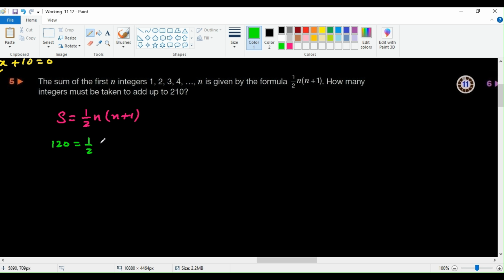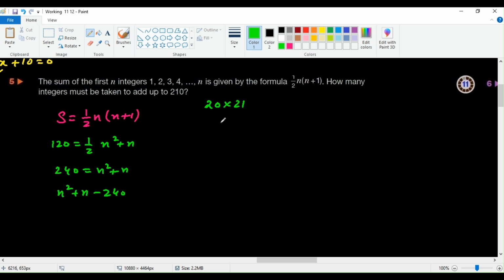So it's going to be n square plus n. So this 2 is going to go to the other side, making it 240 equals n square plus n. And once we bring this to the other side, it's going to be n square plus n minus 240. To get 240, we need 20 times 21, which is going to give us 240.